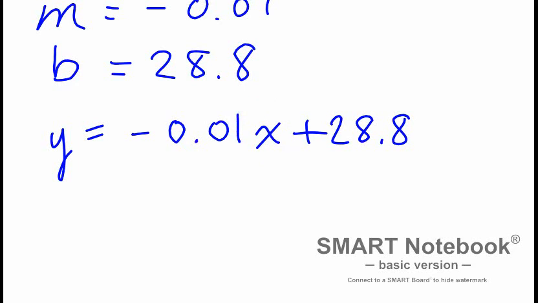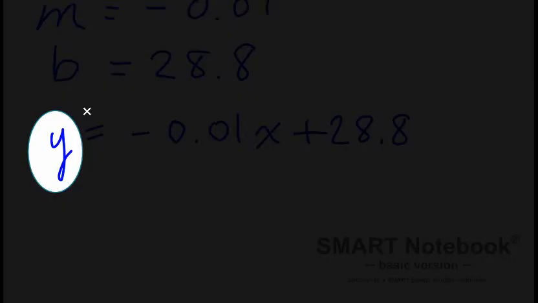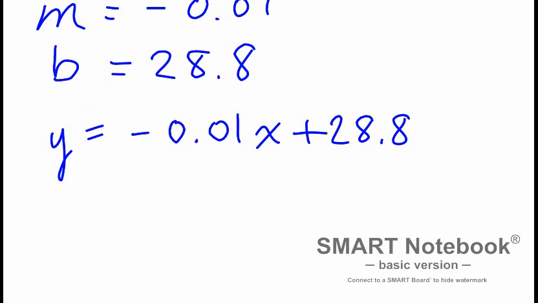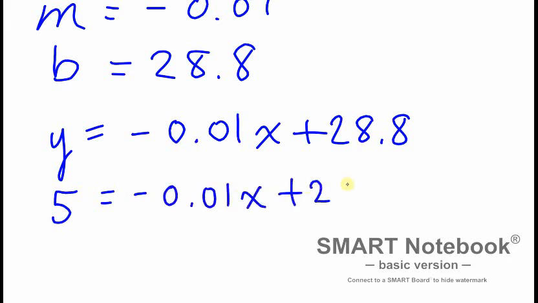Okay, I want to figure out what is the altitude when the air temperature is 5 degrees, which is this thing right here. So, in other words, I can replace y with 5, and I can now solve this equation for x. And here goes some of our excellent equation solving skills.